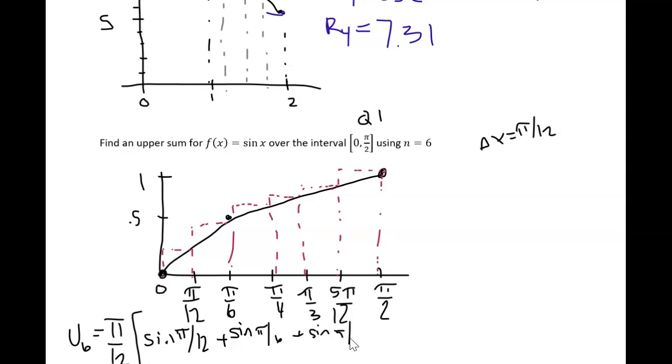And to reduce rounding error, I'm just going to type this in all at once and round my final answer. Sine of pi thirds, sine of 5 pi twelfths, and, oh, close parenthesis too soon, sine of pi halves.